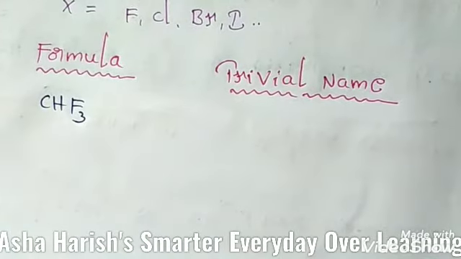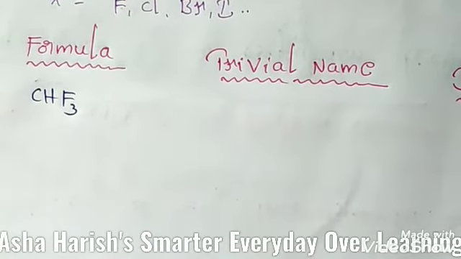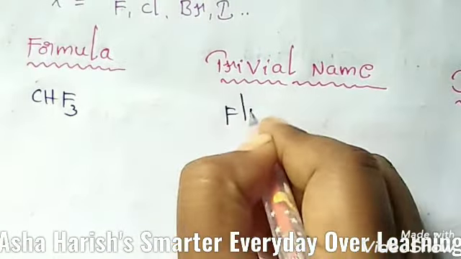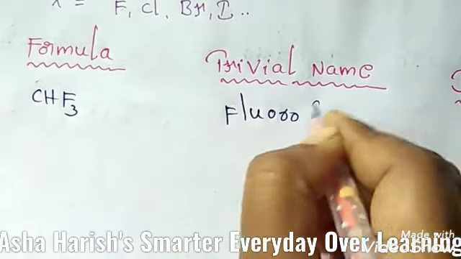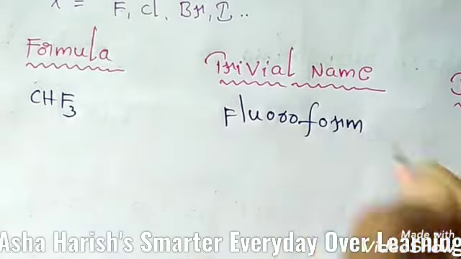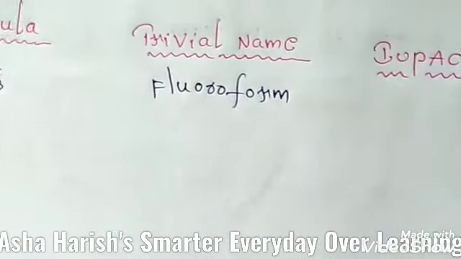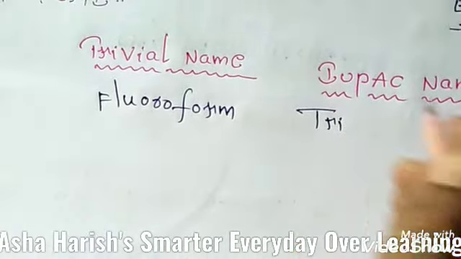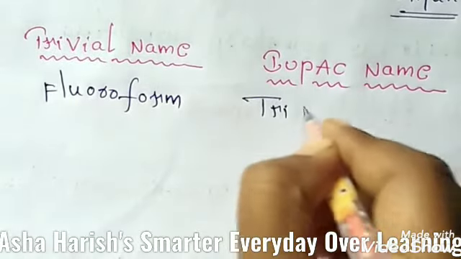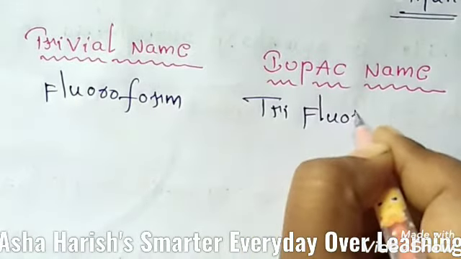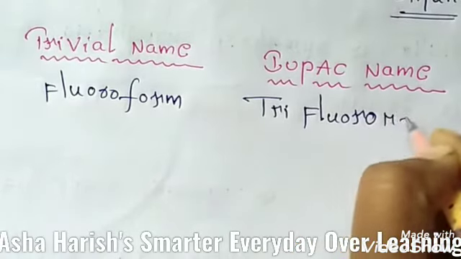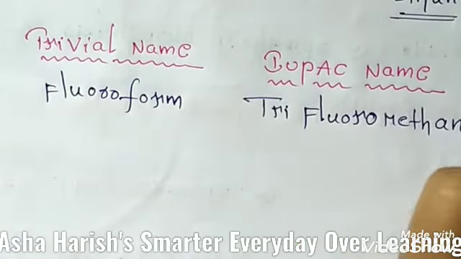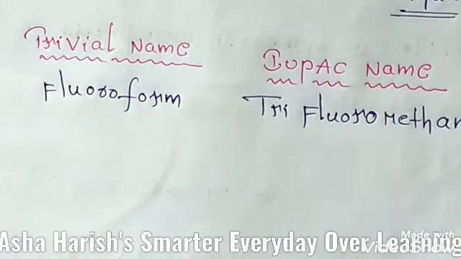Here 3 fluorines are located, then the trivial name should be fluoroform. Here the IUPAC name is based upon those 3 fluorines, that should be trifluoromethane. Why? Because only one carbon is present here.